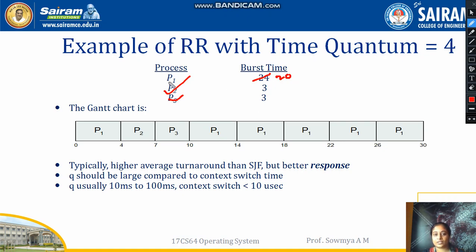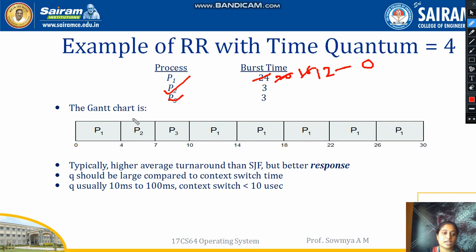Next the leftover is P1. Allocate P1 again for 4 seconds. It will reduce to 16. Next P1, it will reduce to 12 and so on till 0. What we'll do, P1 till 14 seconds, then P1 till 18 seconds, P1 till 22, P1 till 26, P1 till 30.